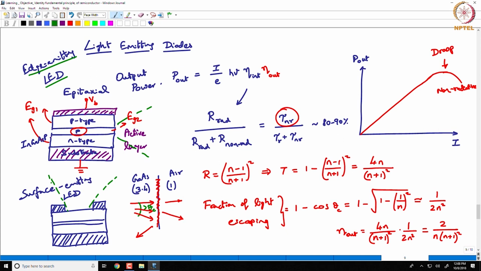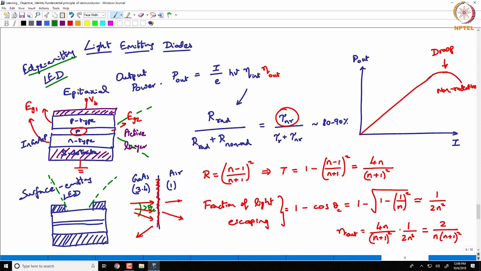So, the emission happens only from that active region, and the thickness of that is typically in the order of a micron, right. So, the emission essentially happens only from within that region, whereas in a surface emitting LED, other than the electrode, or any area within that electrode, you are going to have light emission, and the light emission tends to be distributed broader compared to what you have in the case of an edge emitting LED.